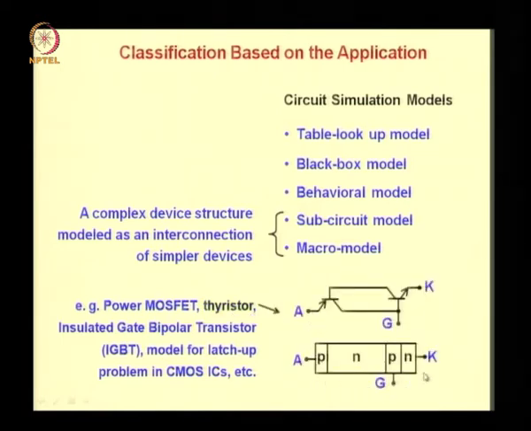So this is the 4-layer device structure called a thyristor. Left hand contact is the anode, right hand contact is the cathode and this is the gate. So this 4-layer structure can be regarded as a combination of PNP and NPN transistors connected in a cyclic fashion as shown in this circuit. This circuit consisting of 2 transistors can be regarded as the macro model of this device schematic.